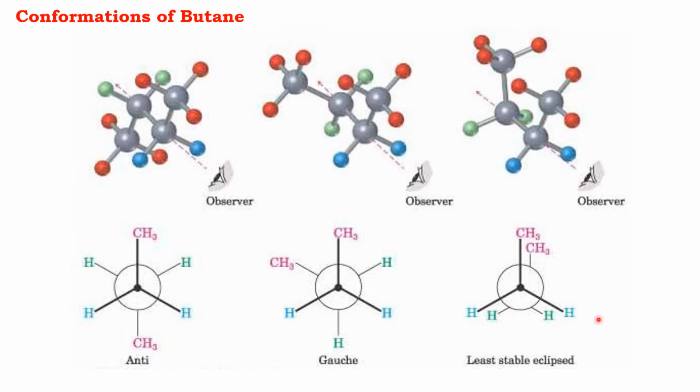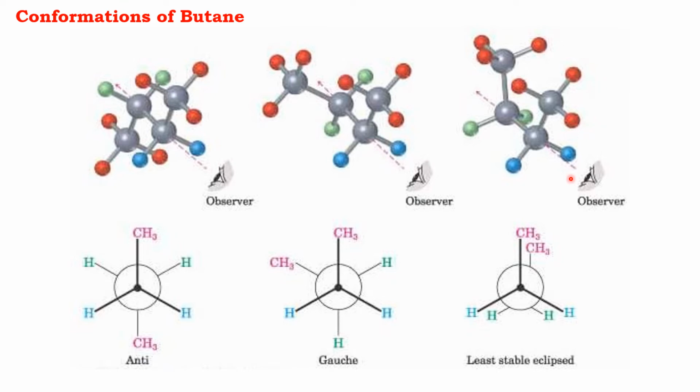Now moving to the least stable form, that is the fully eclipsed form. See here, you are observing the molecule. C2 and C3 carbons are in the same plane, and the two methyl groups are above the plane. Above the plane.